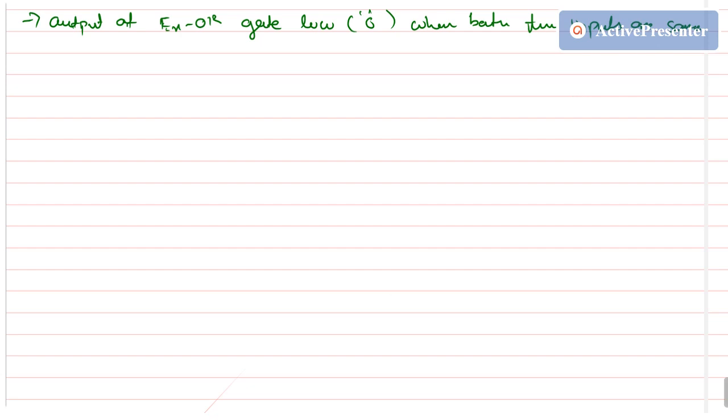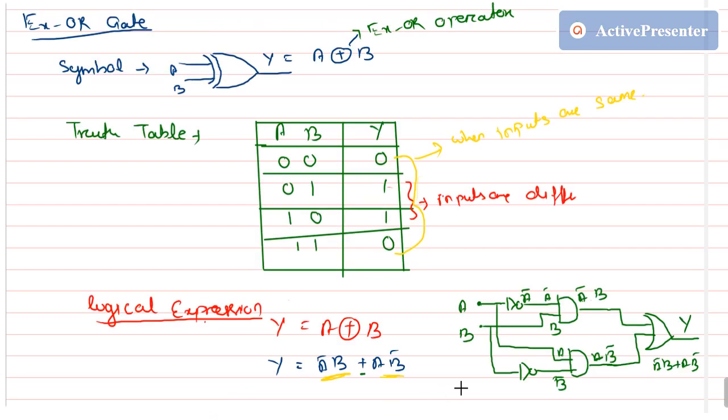Okay, from the truth table you can observe this. When both the inputs are the same, that is, both the inputs are 0 0 or both the inputs are 1, you see this condition and this condition, both the inputs are the same. So when the inputs are the same, the output is 0. I have already written it here.